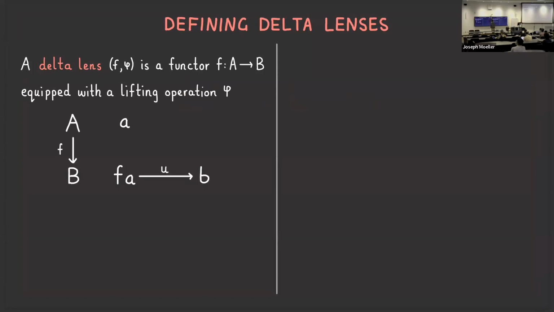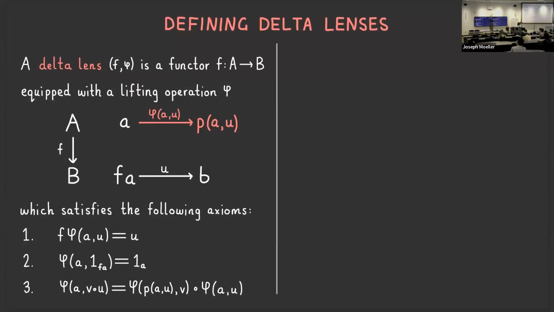The lifting operation is going to give us the backwards part of the lens. What this lifting operation does, if we take an object A in our domain, a morphism U of this particular shape in our codomain, the lifting operation gives us a lift. And this lifting operation has to satisfy some axioms, okay?